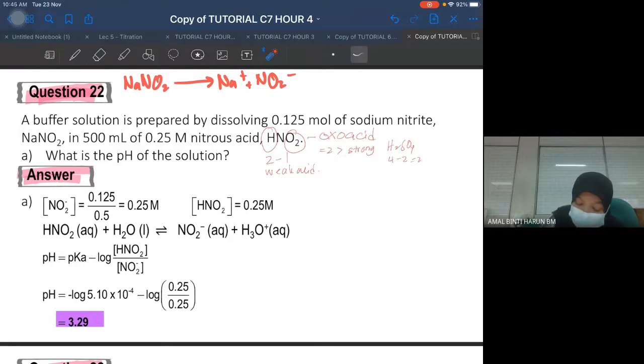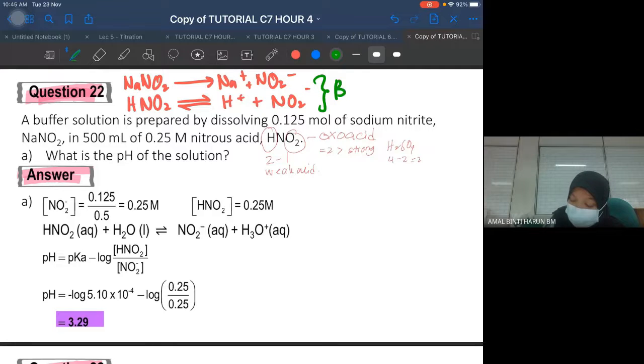Sebab ini HNO2 boleh pecahkan untuk dapat H plus NO2 minus. That means the conjugate base mempunyai ion yang sama dengan salt. So, ion salt. So it can be a buffer. What kind of buffer? Acidic buffer.